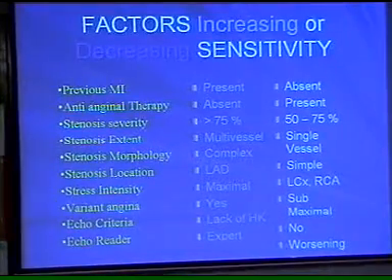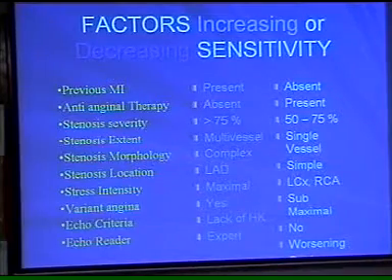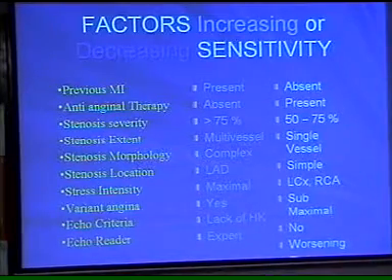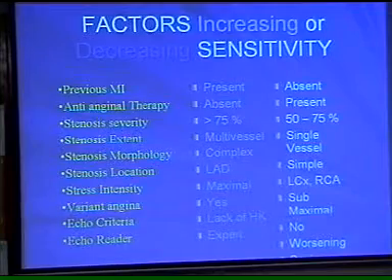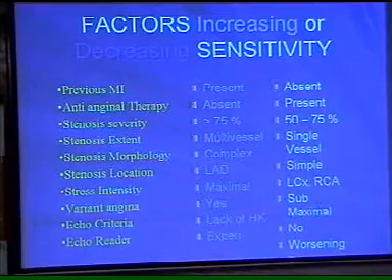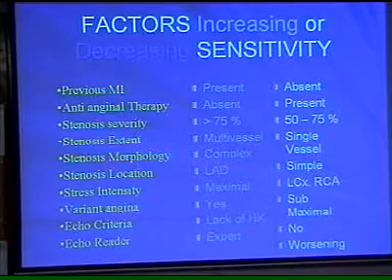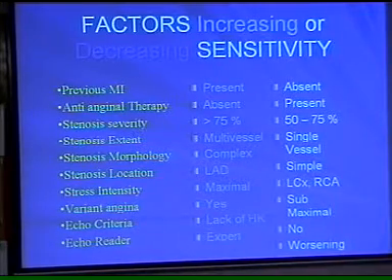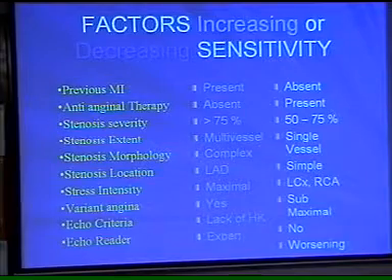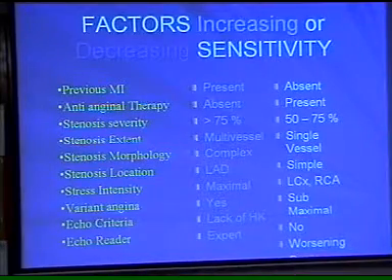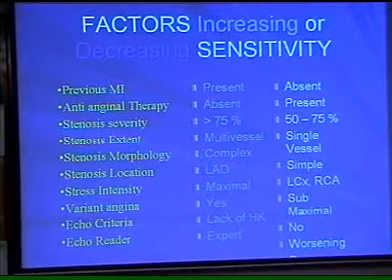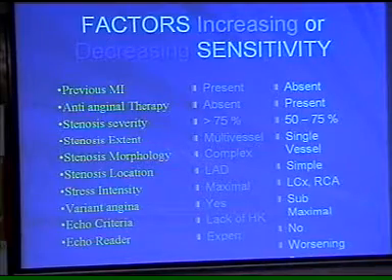Sometimes you find a normal response, but in stress there has to be hyperkinesis, a hyperresponse. A lack of hyperkinesis is also a positive factor. These are the negative factors. Obviously, the limitation of stress echo is when there is low probability, or single vessel disease, or stenosis is less than 70%. So in that situation, obviously stress thallium is better.